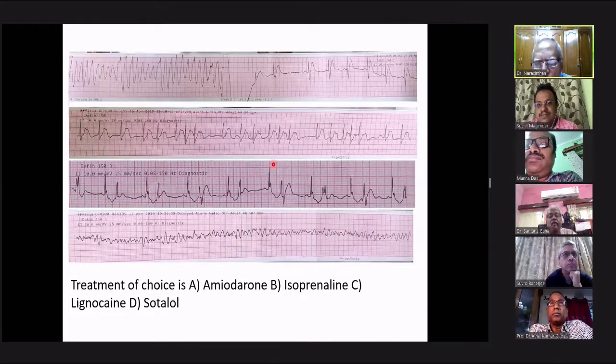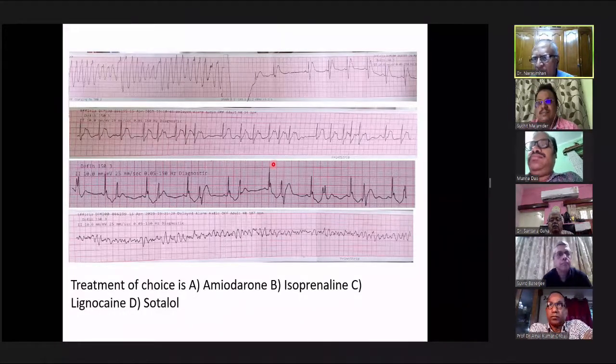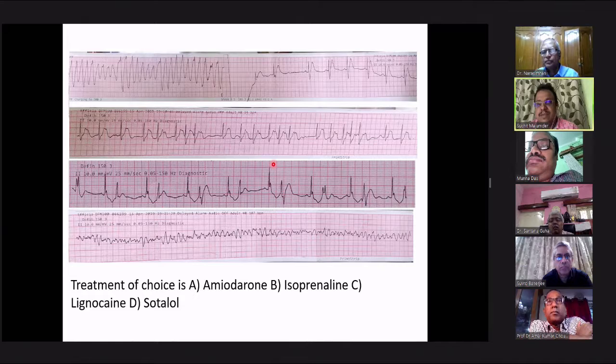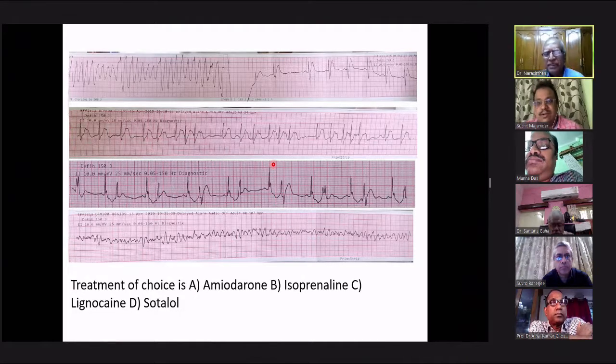So I don't go in for a PV isolation straight away. I just get rid of the flutter, wait and watch. But if on all the Holter recordings 9 out of 10 show only atrial fibrillation, then it doesn't make sense to ablate the flutter alone. So you need to think what has to be done for AFib. So flutter ablation plus flecainide may be good. No, if I'm anyway going to give flecainide, I don't do a flutter ablation. I first try drug therapy.